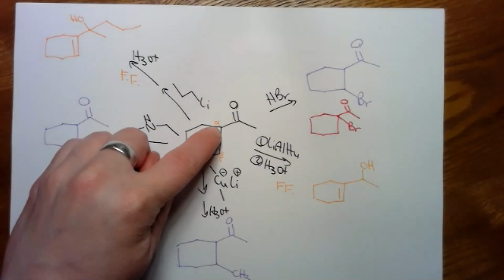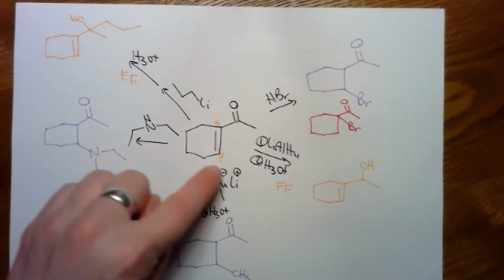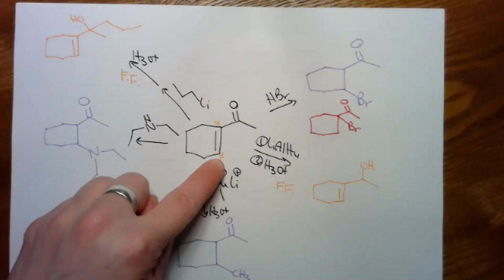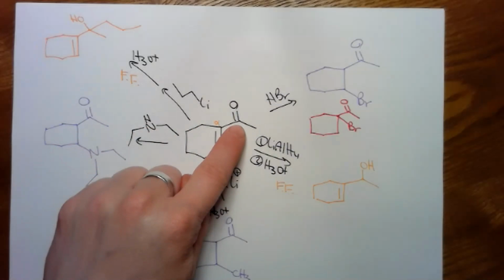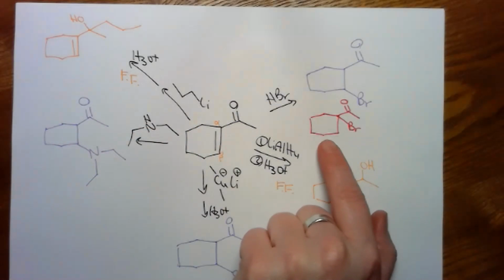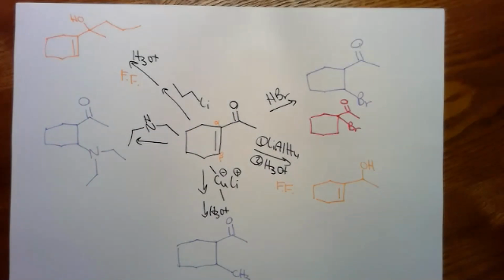So carbocation here, even though it's tertiary, is less stable than carbocation here that's secondary. That electron withdrawing group makes a big difference. So this is the wrong product. It would have been the wrong product even a long time ago when we were learning about Markovnikov. That is all.